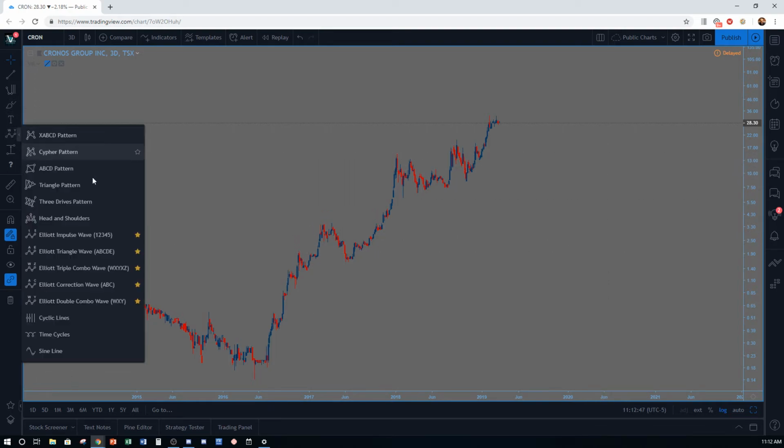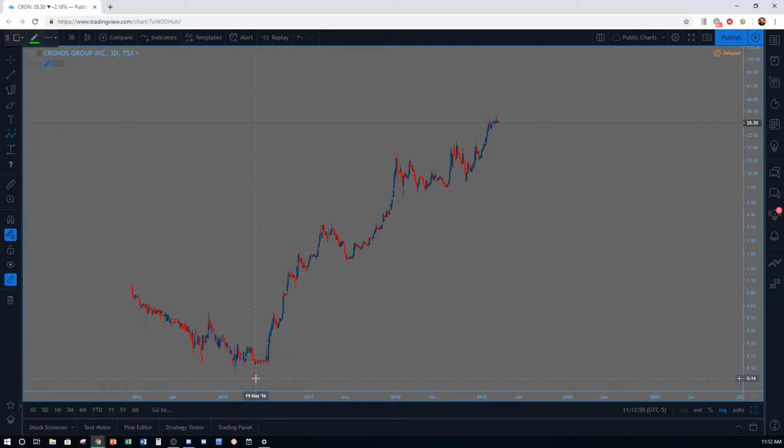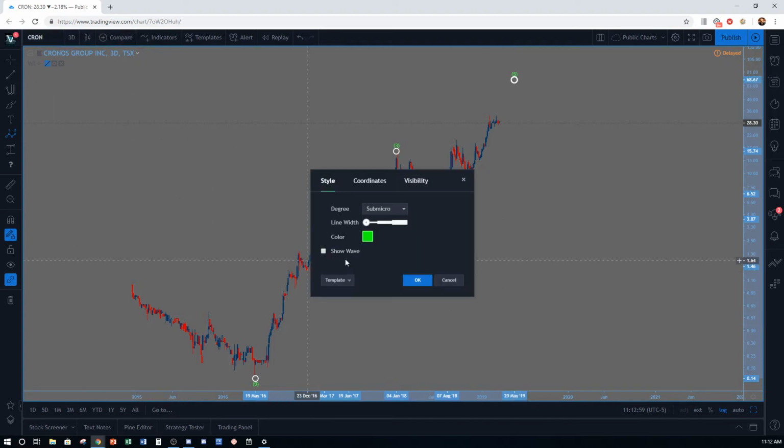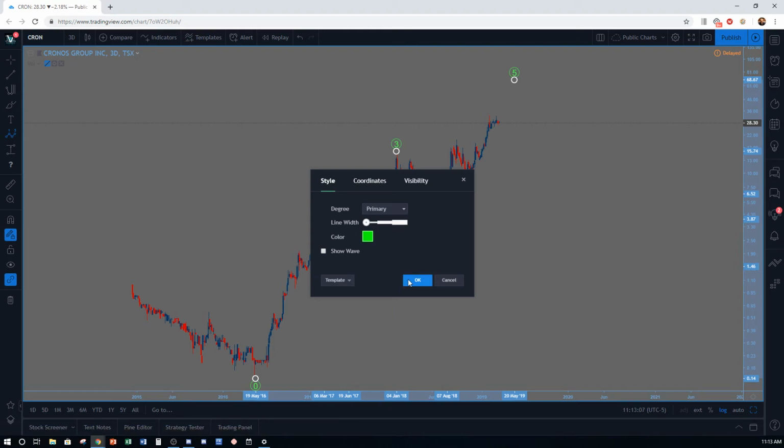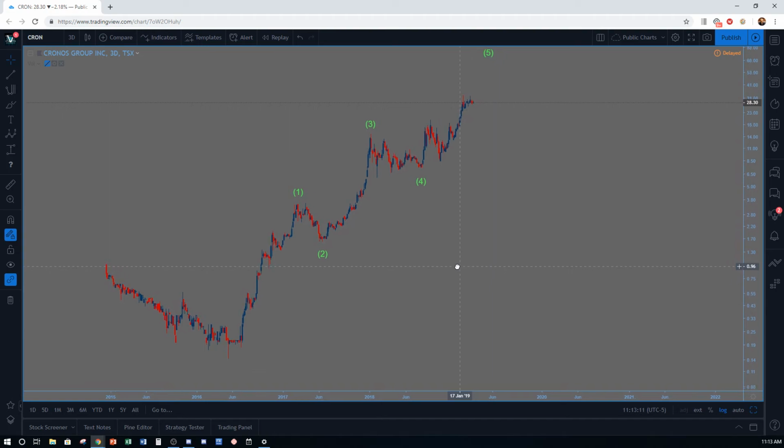But to me, this appears to be some kind of 1, 2, 3, 4, and we're putting in some kind of 5 here. Let's go down to intermediate, call it good like this.